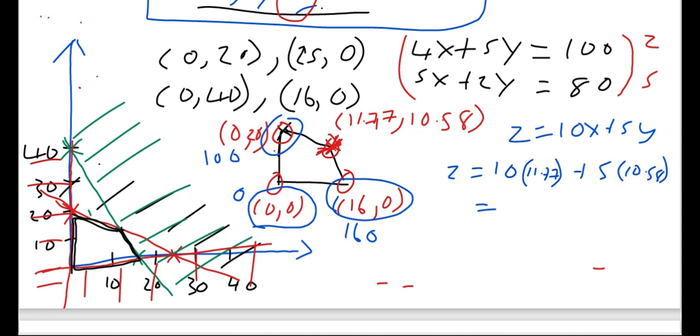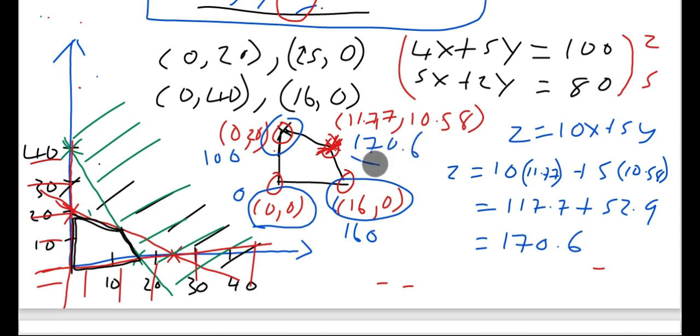So when you do this calculation, this is going to be 117.7 plus 5 times 10.58, you get 52.9. So eventually you'll have 117.7 plus 52.9, which is 170.6.